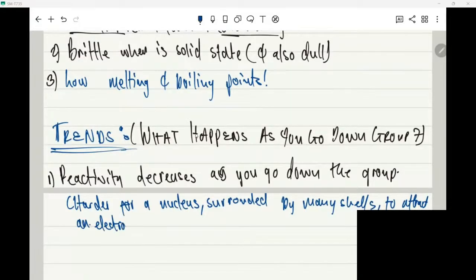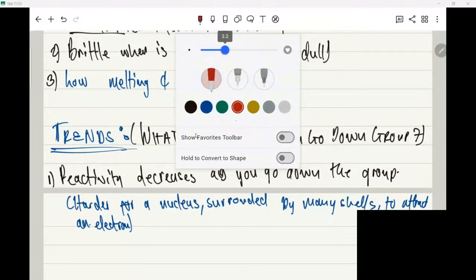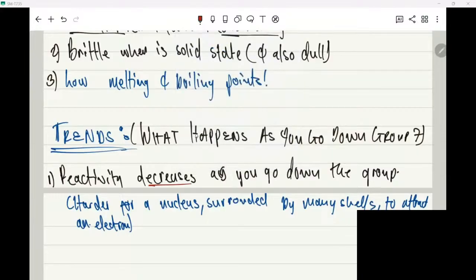Remember, reactivity of nonmetals is based on gaining electrons. As you go down the group, you are going down the periods, so you're increasing the number of shells, and that means the reactivity will go down. So reactivity decreases as you go down the group.